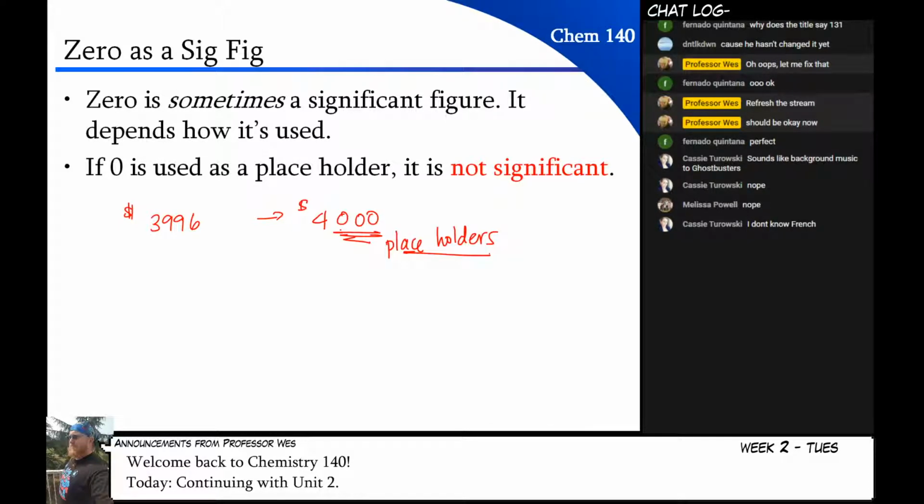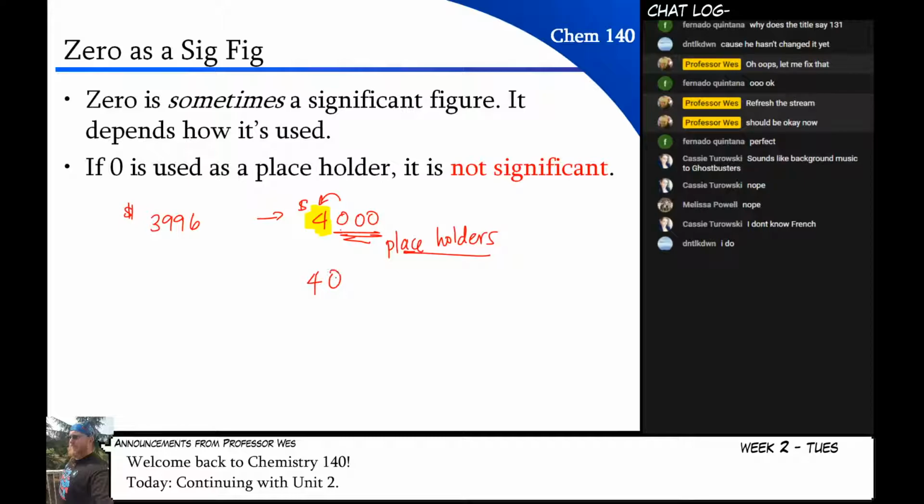These zeros are called placeholders. Placeholders have no value and don't impact the result of the answer other than to change the magnitude of the leading numbers. So this 4 right here is the leading number. If I were just to put the 4 here, then this is just 4. 1, 2, 3, 4, right?